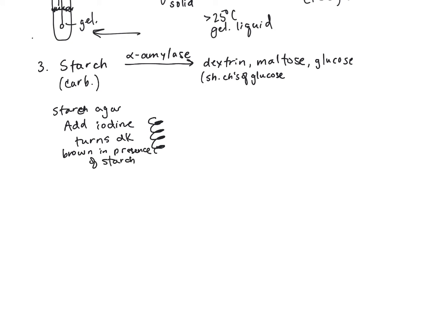But what we're looking for is, can the organism make the enzyme to hydrolyze starch? So for a positive result here, we're looking for areas around the colonies where that dark brown color has cleared.